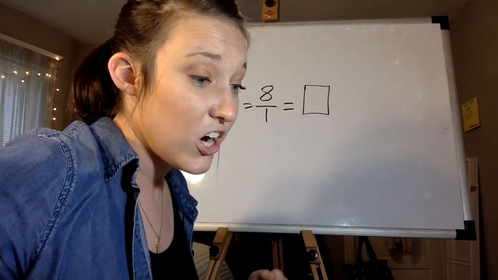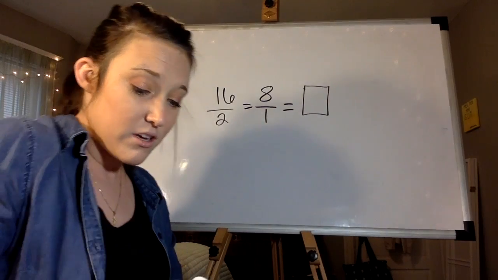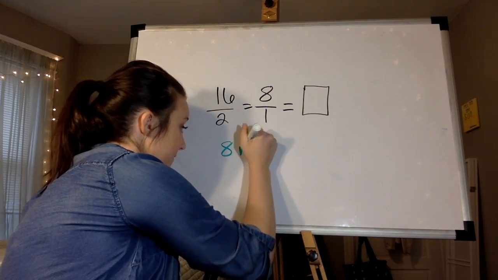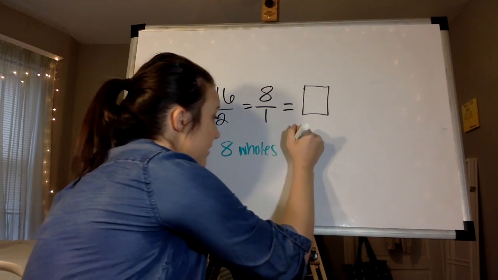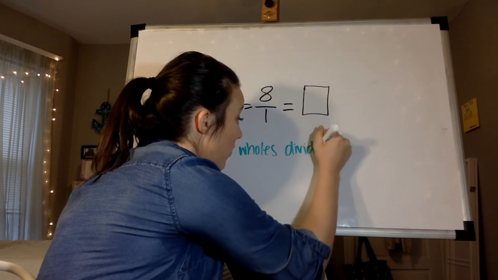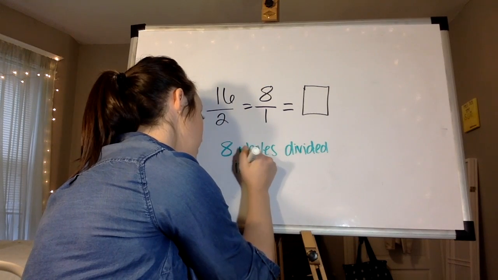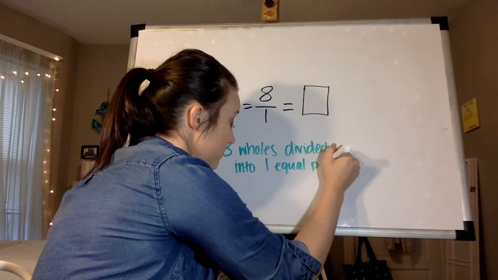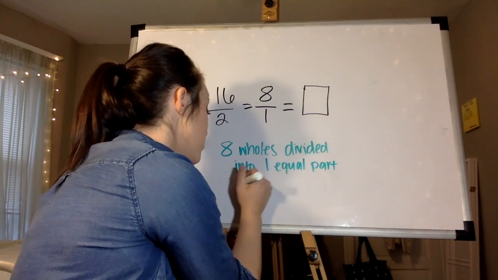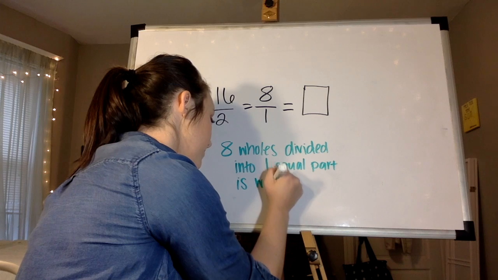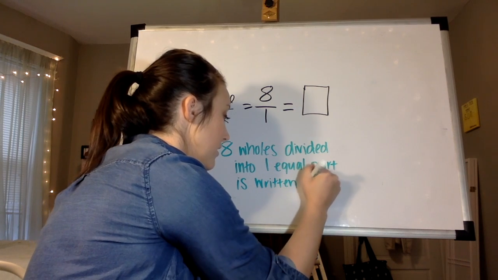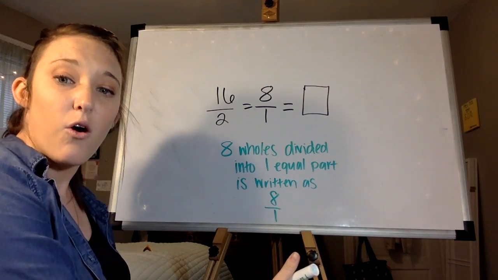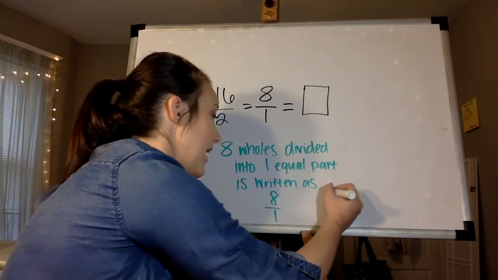If I know that I have 8 wholes divided into 1 equal part is written as 8 over 1, that whole number has to be 8.